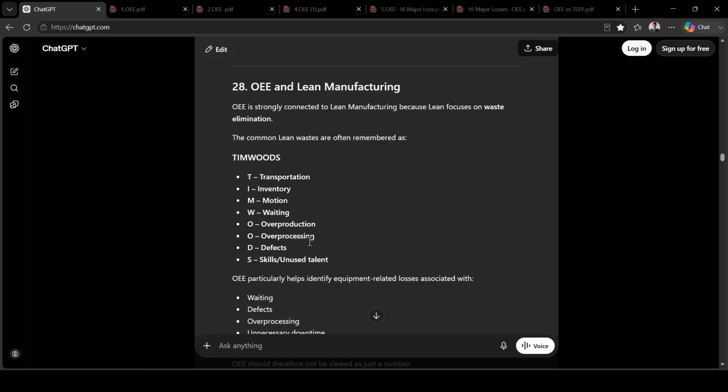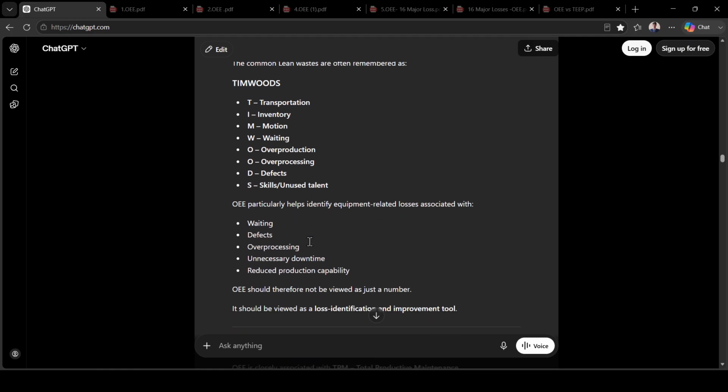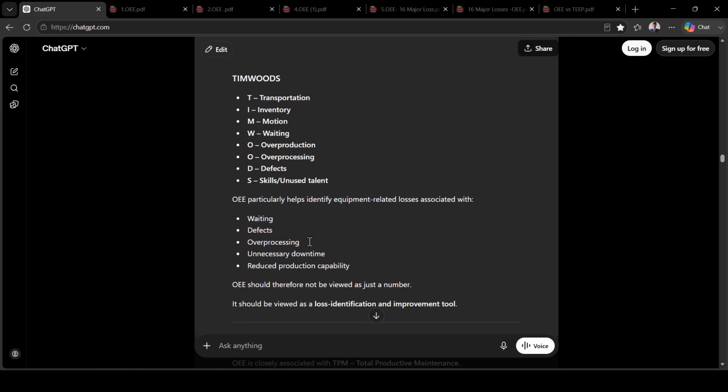These are the seven wastes in TIMWOODS. OE particularly helps identify equipment related losses associated with waiting, defects, overprocessing, unnecessary downtime, and reduced production capacity.